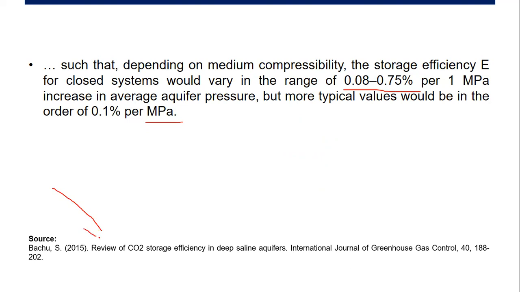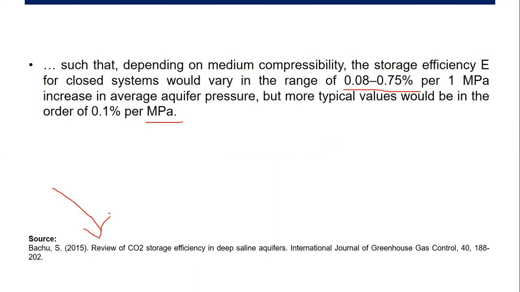Again, from the same paper. Right, so you can see, unfortunately, the storage efficiency is very small, 0.08 to 0.75% per 1 megapascal increase in the average aquifer pressure, or typically 0.1% per MPa. Okay, so this is it.